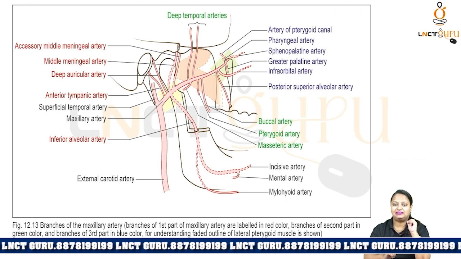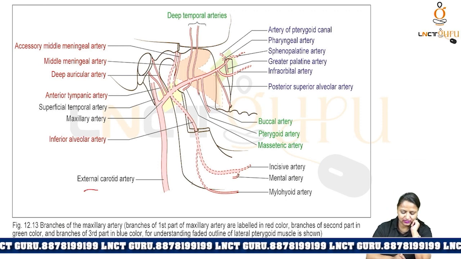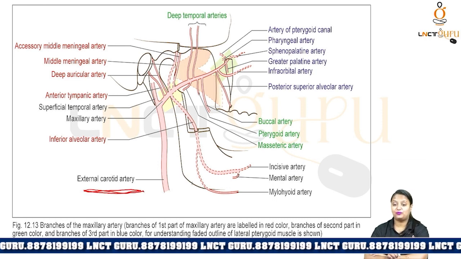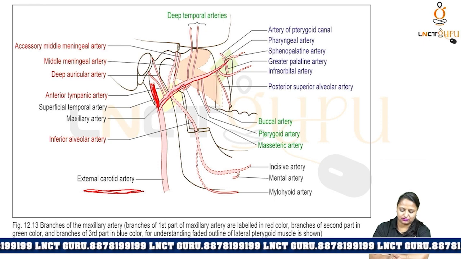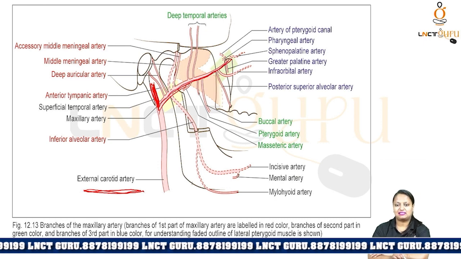Here in this diagram you can see this external carotid artery giving its two terminal branches. This one is superficial temporal, and this is maxillary artery.